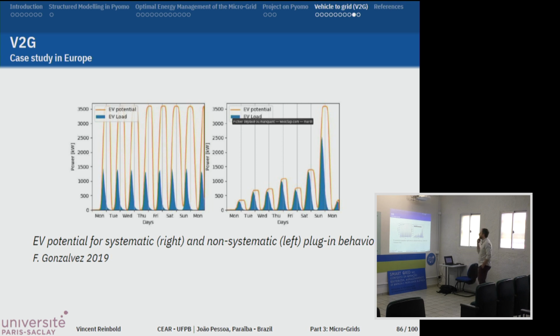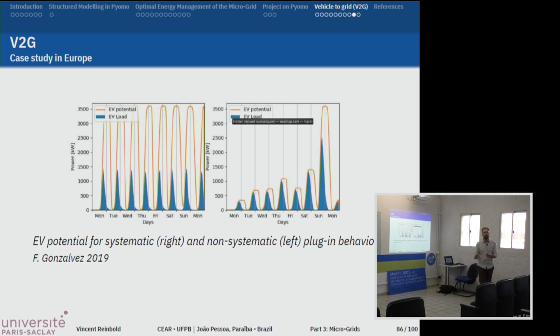This is an interesting graph. Imagine that there are two kinds of people. One will connect his vehicle only if they need to charge the vehicle, and I'm calling them the non-systematic users.